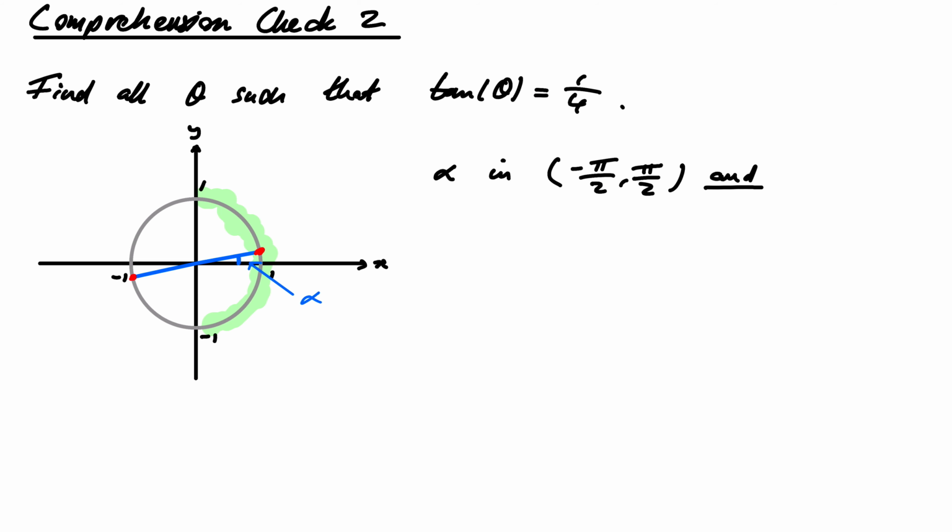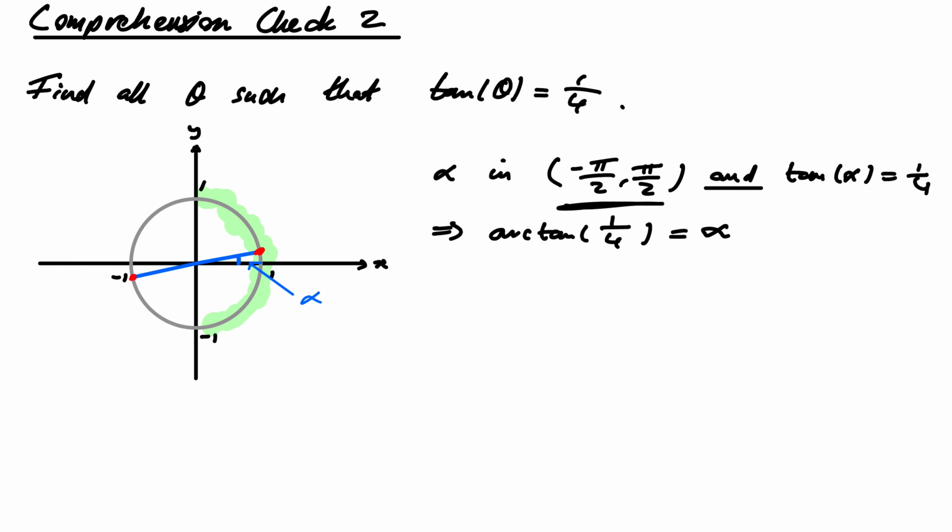And I'm assuming that tan of alpha is equal to a quarter. So what does this mean? Well, this means, by definition, arctan of a quarter is equal to this alpha. Right? It has to be that one because it's got to be the angle which is in the appropriate range.